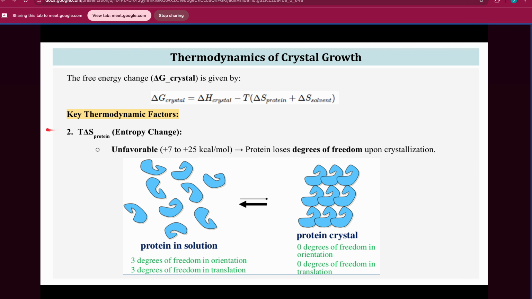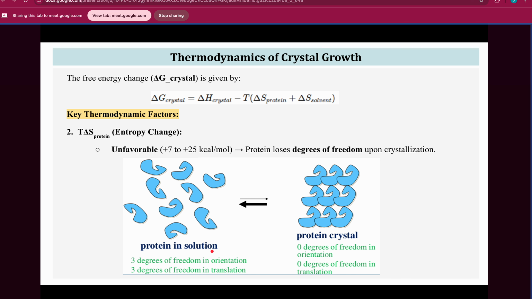Now the second term is T delta S of protein, which is the entropy change with respect to protein. Entropy means disorder, or noise, that is, how freely the protein units are moving. In this case, it is unfavorable.